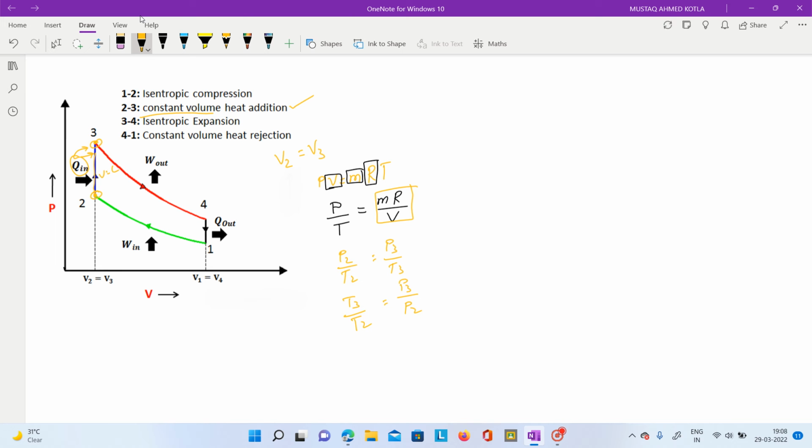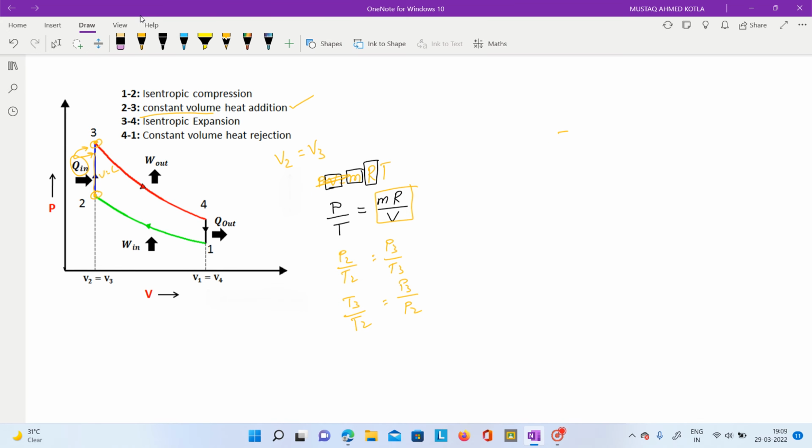Oh, sorry, friends. I made a mistake. Here, pressure is not constant. PV equals to MRT, right? Sorry, I got confused.